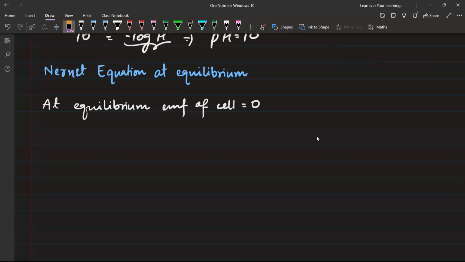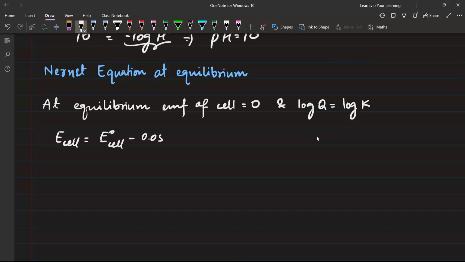That is why at equilibrium the EMF of cell is equal to 0, and the log Q part that we have seen in the Nernst equation becomes log K, because at equilibrium the reaction quotient is the equilibrium constant. So E cell is equal to E naught cell minus 0.059 divided by n log Q in general.